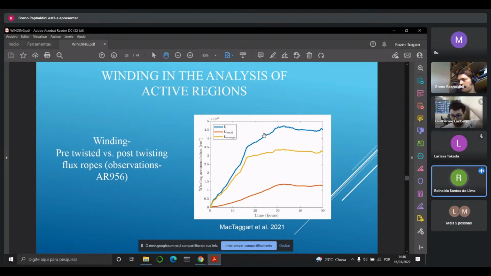Right. And I have another question. I didn't pay too much attention to the time scales of the events between the amount of winding that you have and the emergence of the flare.